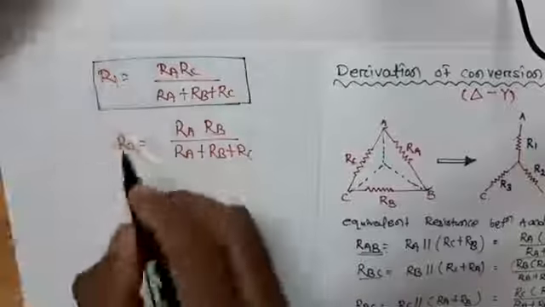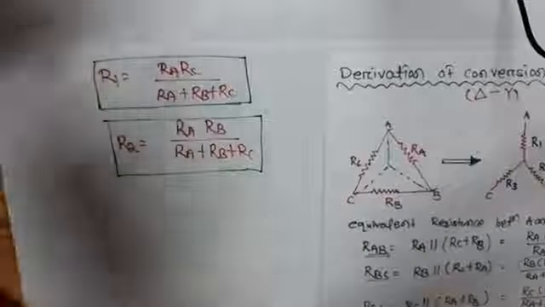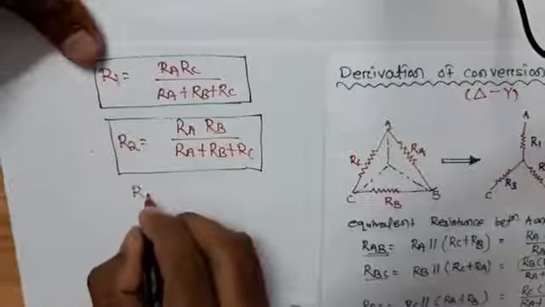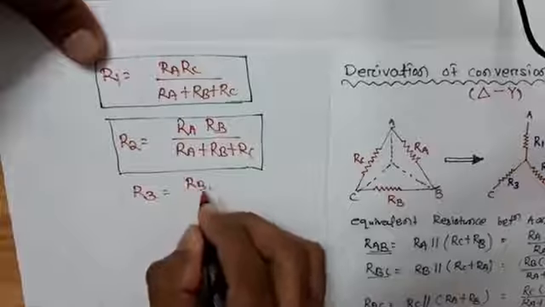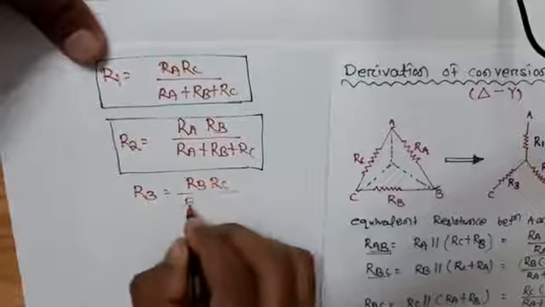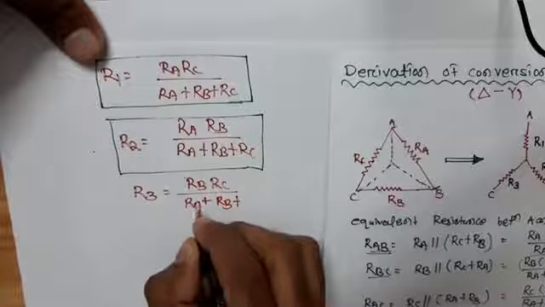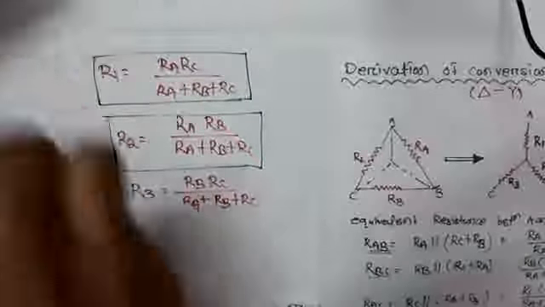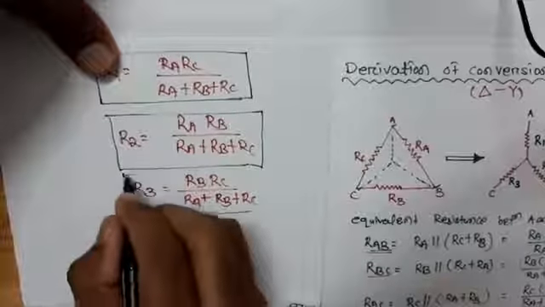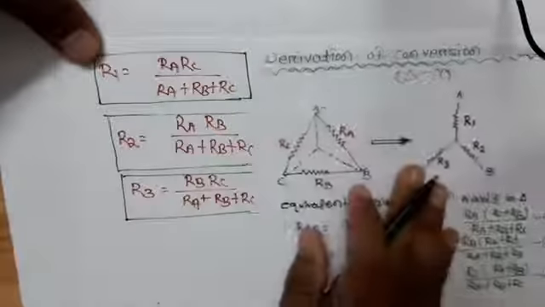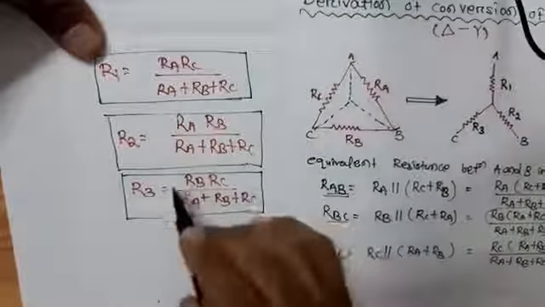Likewise R3 equals RB into RC divided by RA plus RB plus RC. This is for R1, this is for R2, and this is for R3.